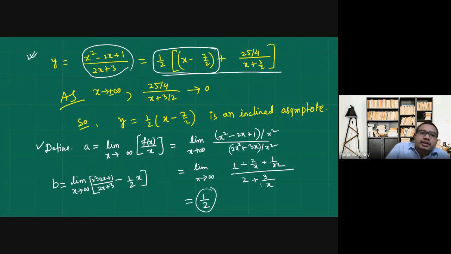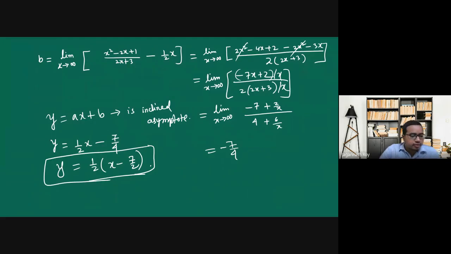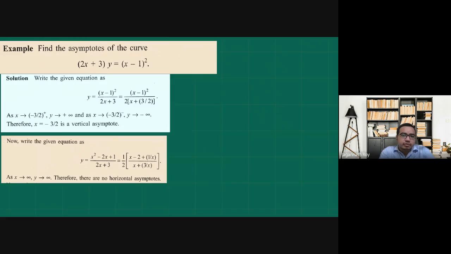Not every time can we write the function in this form. Then it is better to go with the limiting approach. So this is our required inclined asymptote.